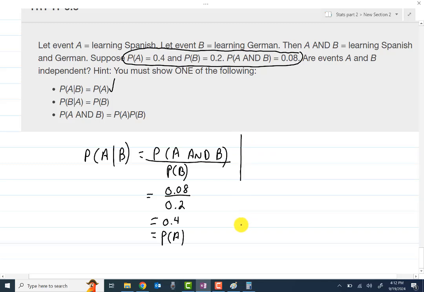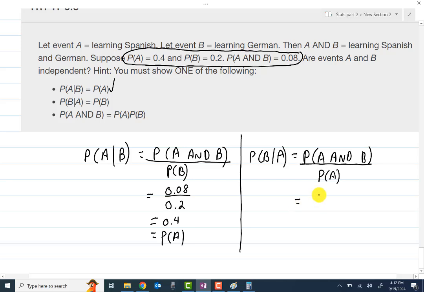The second one works exactly the same way. Remember, the numerator for this is exactly the same as before. The only difference is the denominator is different here. So I'll put in my 0.08 in the numerator again, and then the probability of A is 0.4.